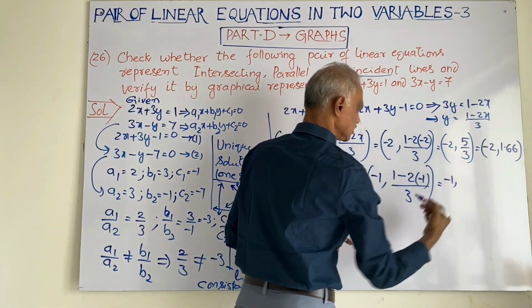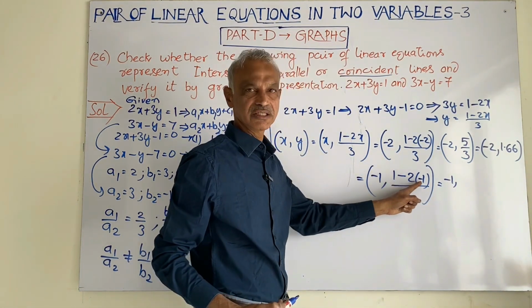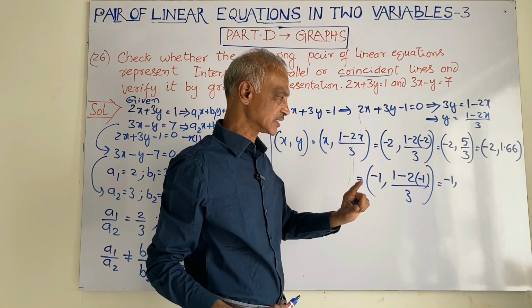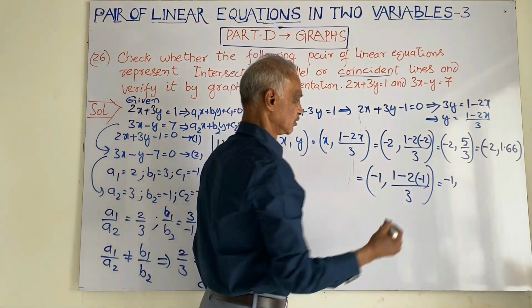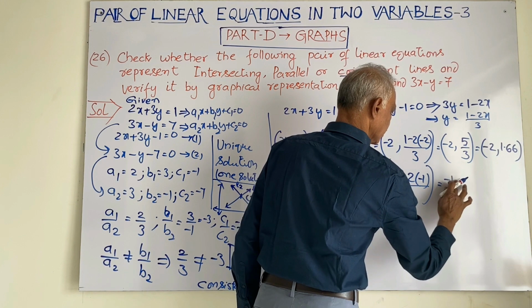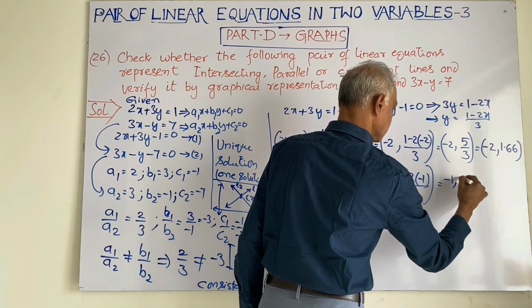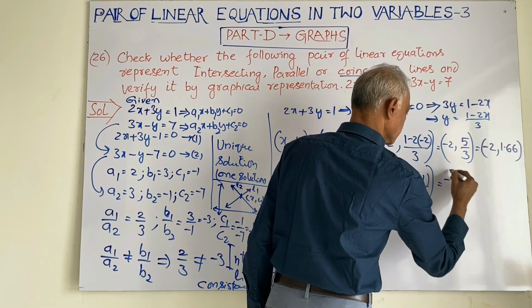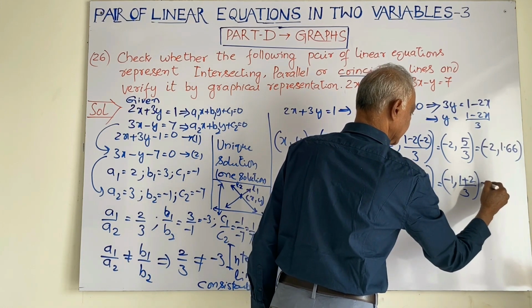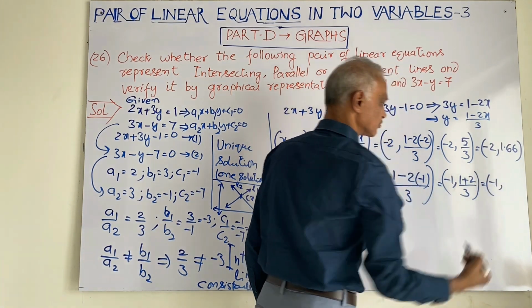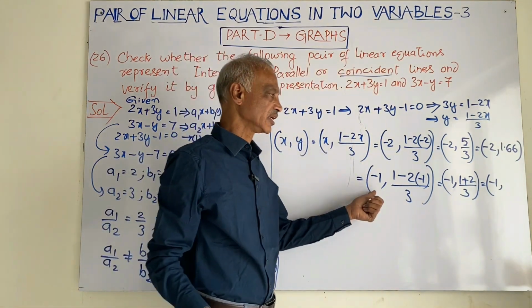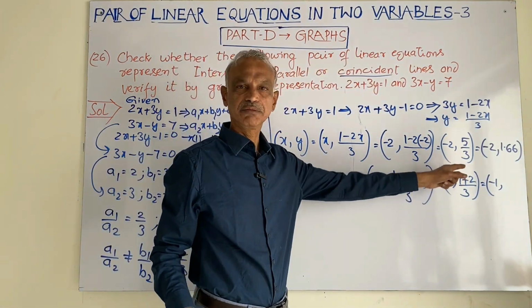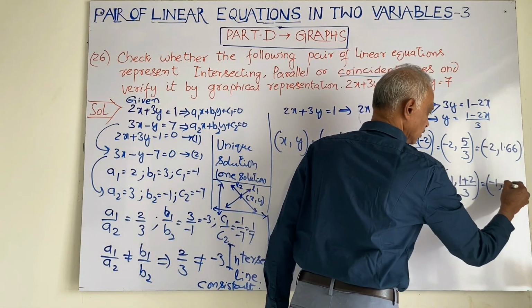If I take minus 1, minus into minus plus 2 into 1, 1 plus 2 by 3. If you take minus 1 as x coordinate, I will get 3 by 3 means 1.